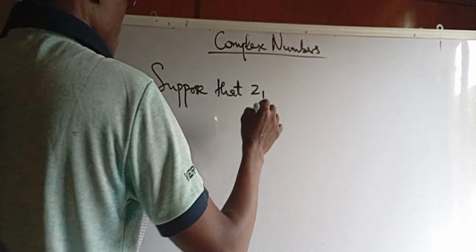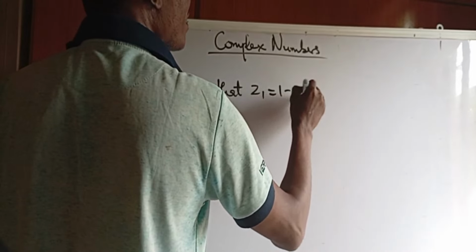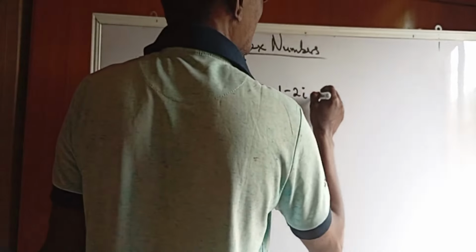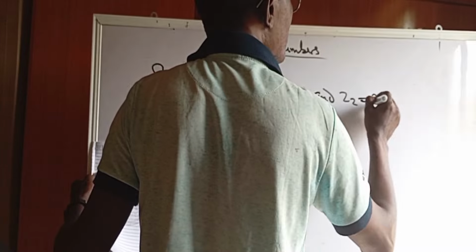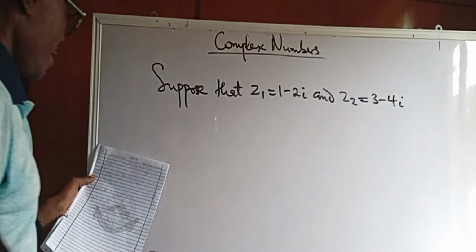Z1 is equal to 1 minus 2i and Z2 is equal to 3 minus 4i.